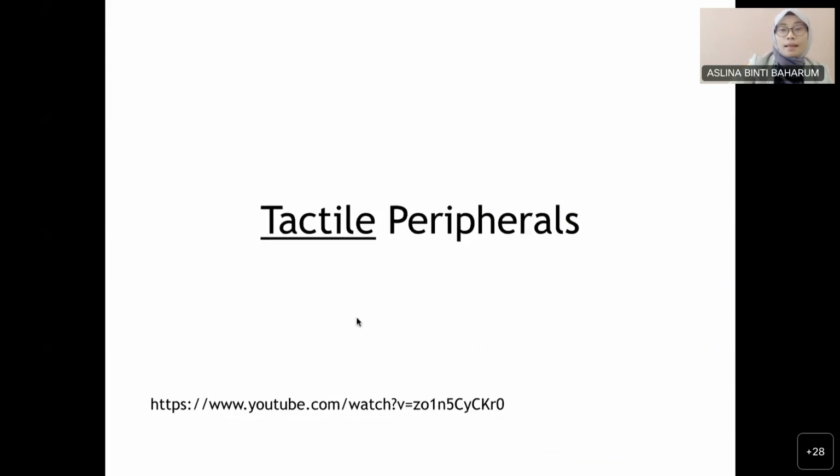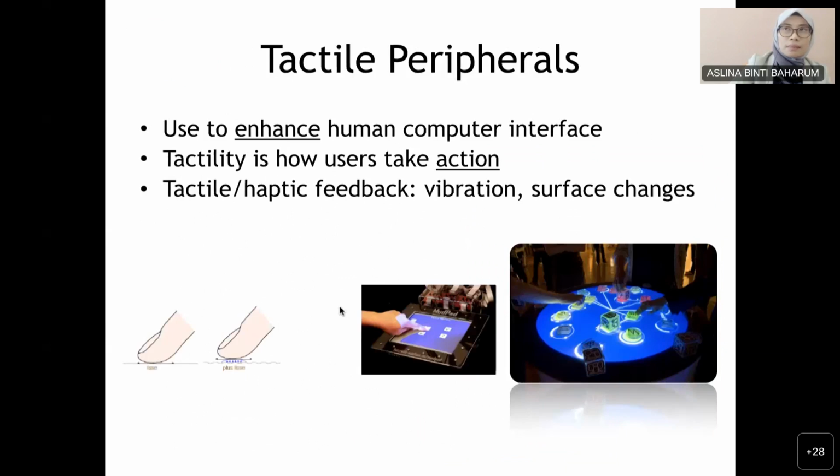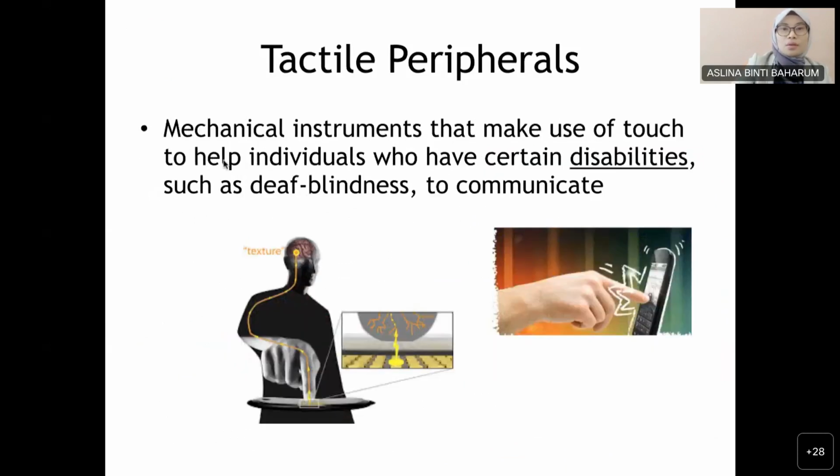Next is tactile. A tactile peripheral is something related to touch. It is used to enhance the human-computer interface. Tactility is how users take action. Tactile haptic feedback is based on vibration, the surface change. It is a mechanical instrument that makes use of touch to help individuals who have certain disabilities.